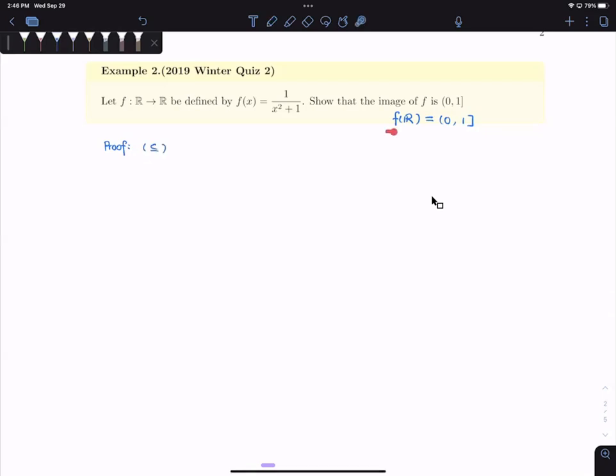So that's what we're going to do. We first prove this is a subset of this. So hear me out, please. Important, really important. Let y be an element of your image. What does that mean, guys? What does it mean for y to be an element of the image?